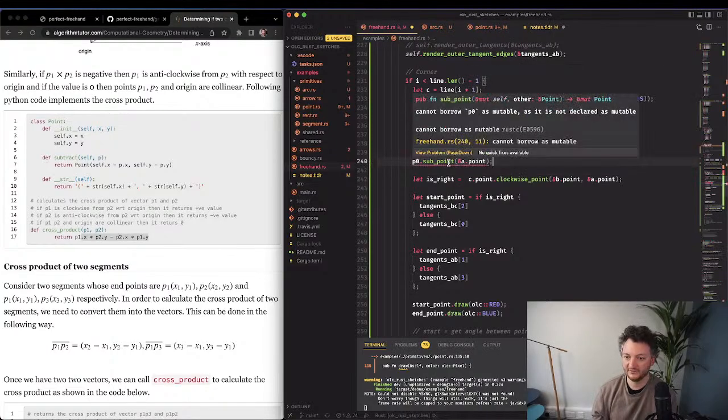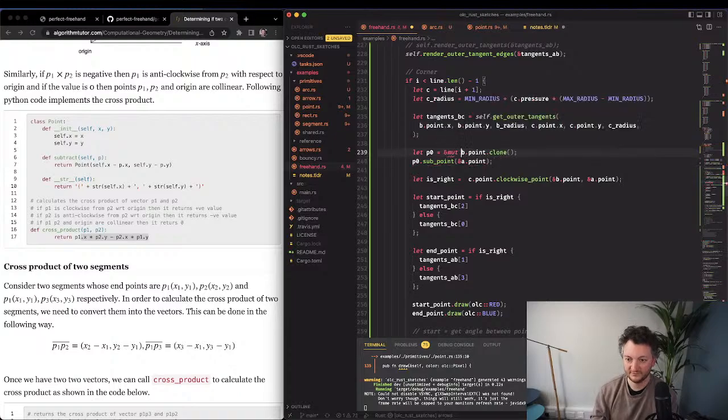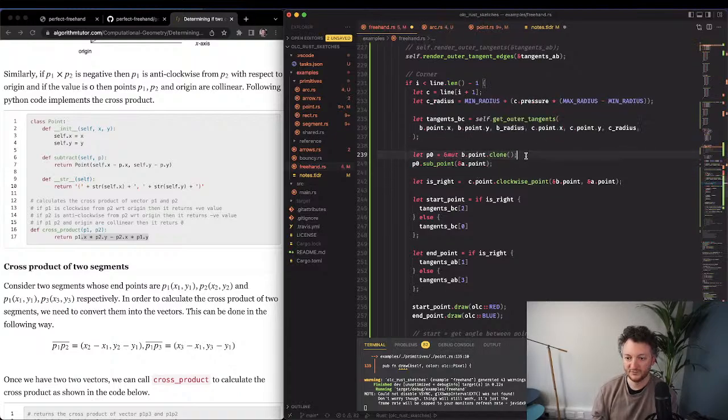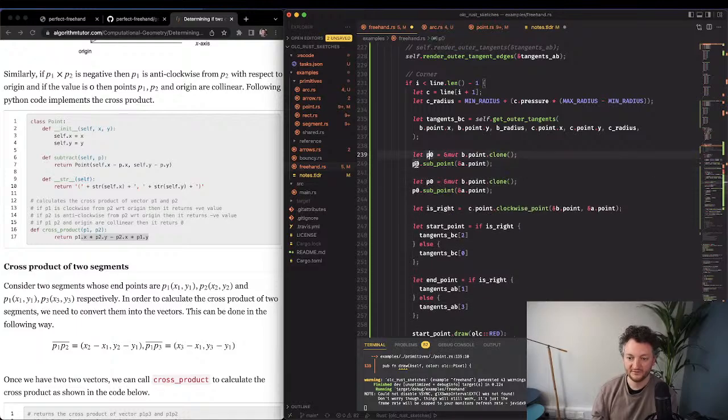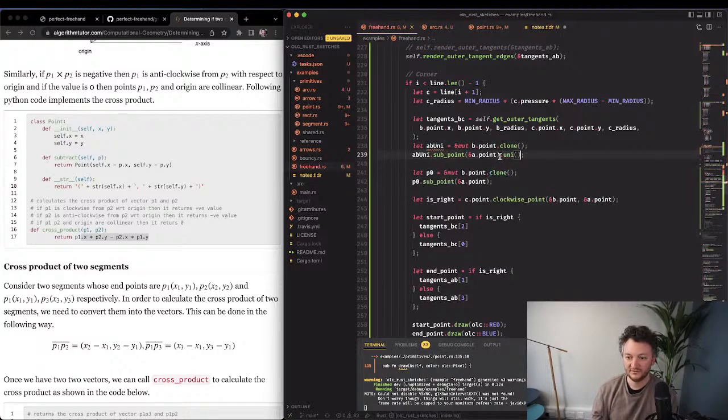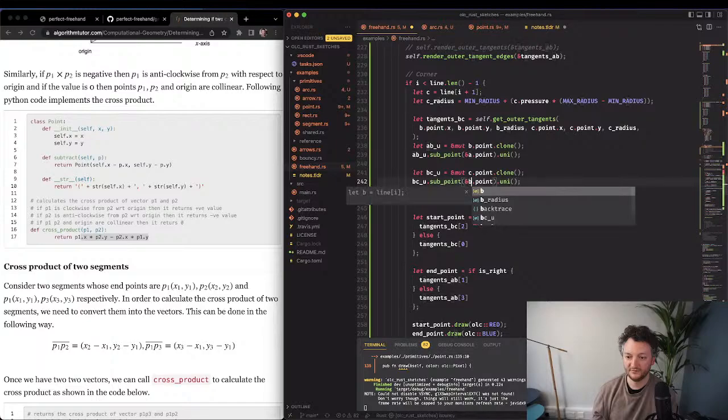Is that right? Cool. And then we want to do the same thing from B to C. I'm just going to call this AB uni. We want the unit vector between A to B and the unit vector between B to C, or C sub B.